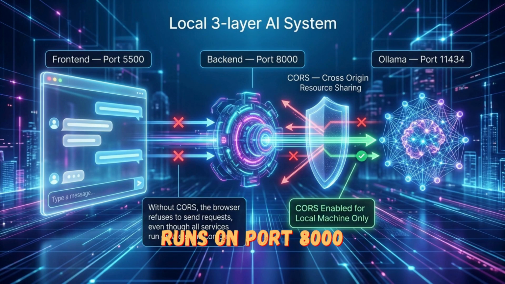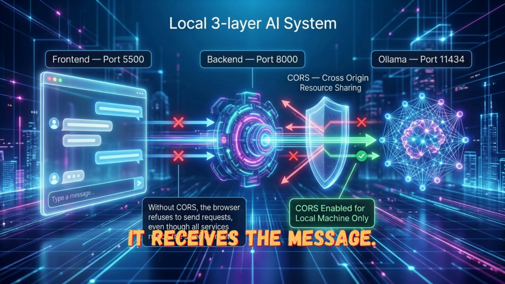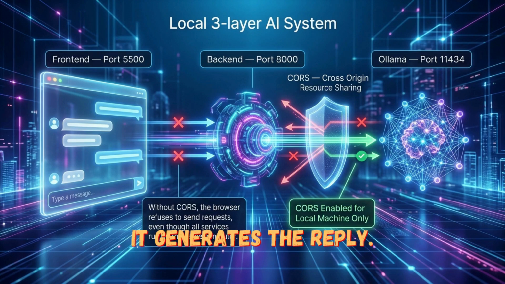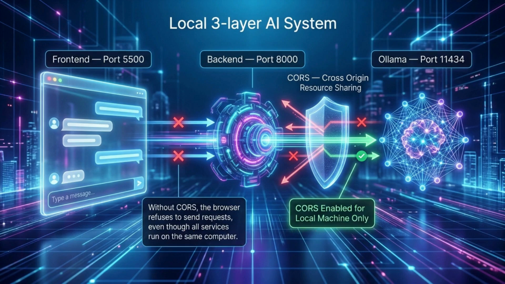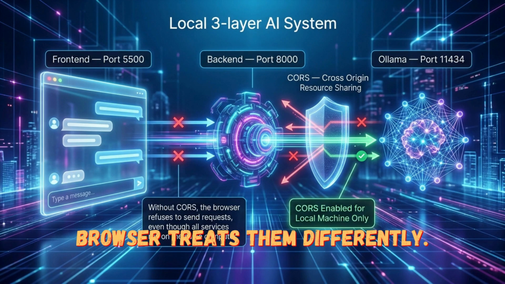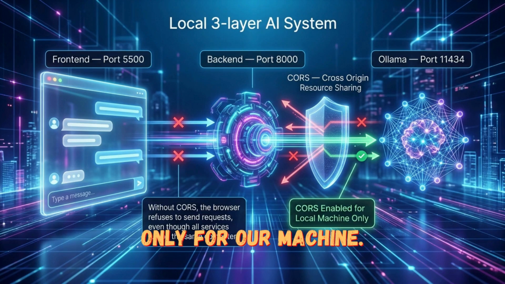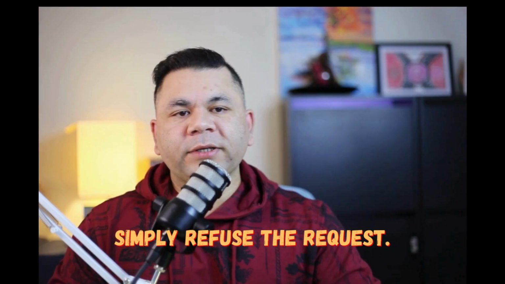Backend runs on port 8000 using FastAPI. It receives the message. And the AI model runs on port 11434 using Ollama. It generates the reply. Even though they are all on our machine, the browser treats them differently, which is why we need to enable CORS, but only for our machine. Without CORS, the browser would simply refuse the request.